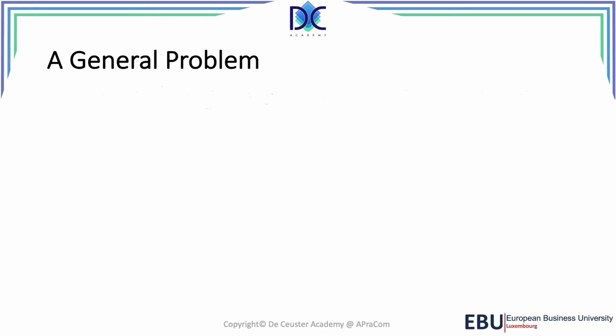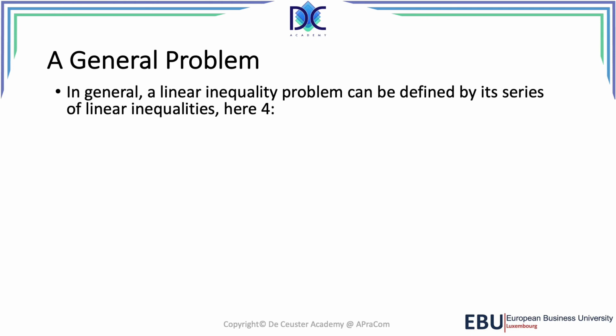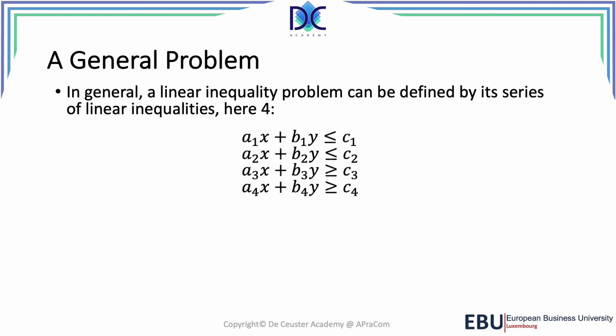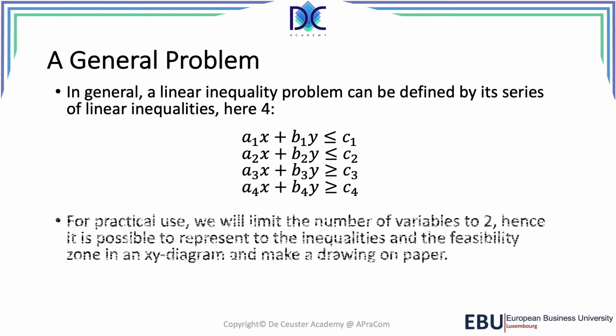Now let's have a look at the general problem and look at the number of inequalities. I have 4 inequalities. I don't give you the details, just a qualitative example. Now for practical use, we keep the variables to 2, and it's very easy to represent the feasibility zone in an x and y diagram.